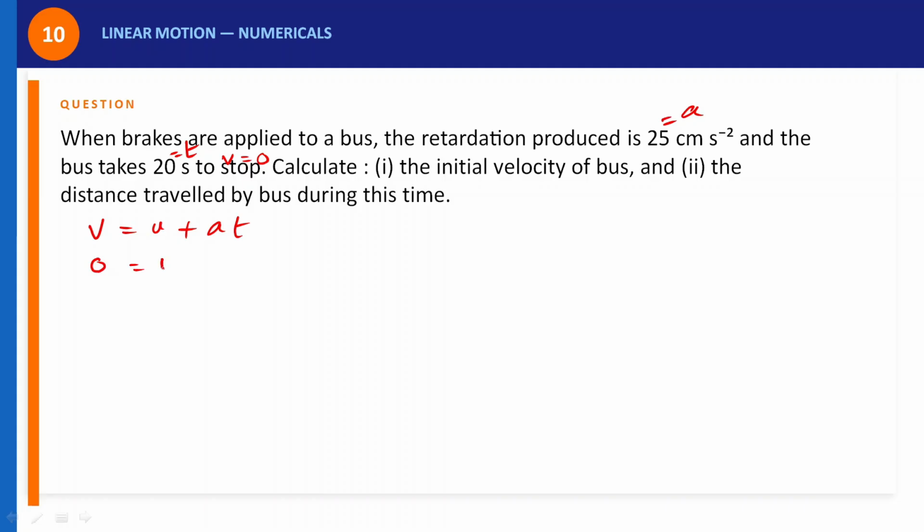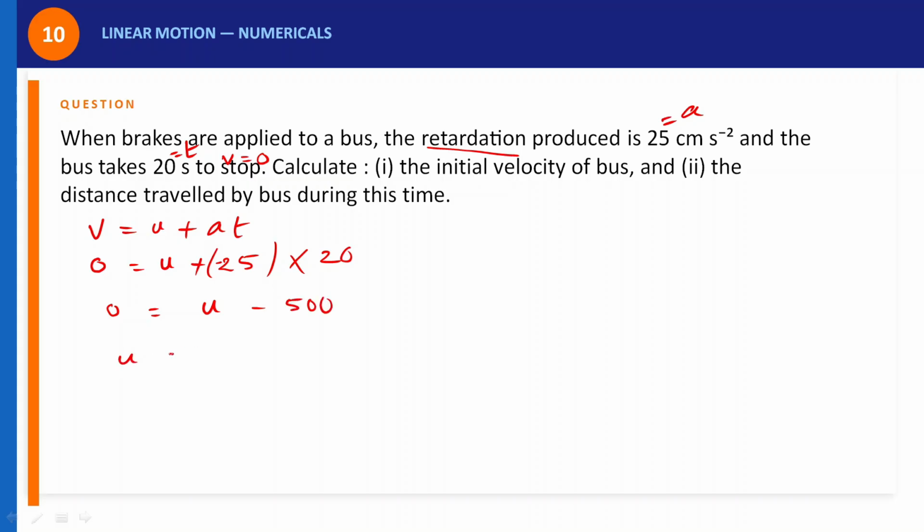We don't know what our initial velocity is. So it is a retardation. Retardation, so a equal to minus 25 centimeter per second square. What is the time? 20 seconds. Then 0 equal to u minus 500.